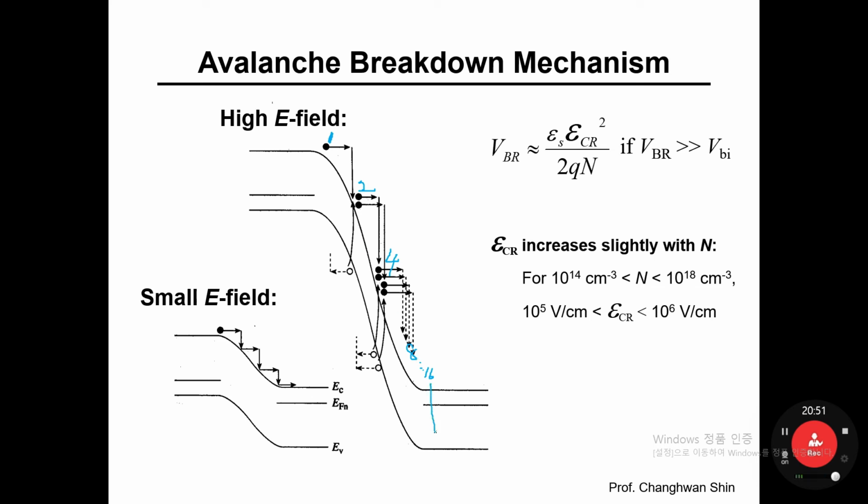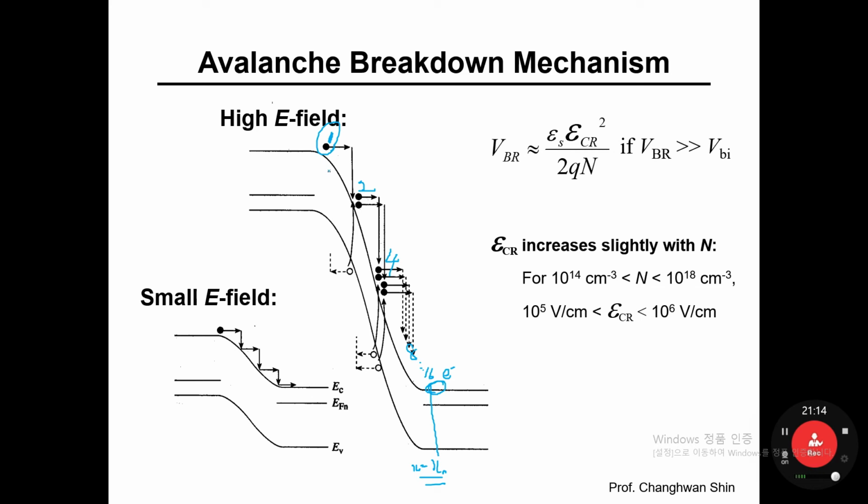So at the edge of the depletion layer, on the n side, I mean x of xn, the total number of electrons available at x of xn is way more than the number of electrons injected into the depletion layer from the p side.